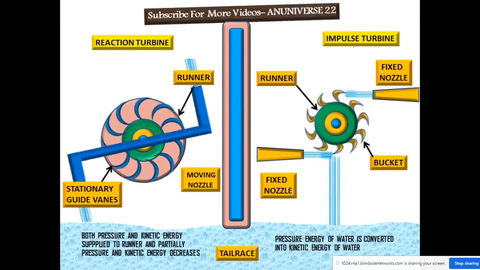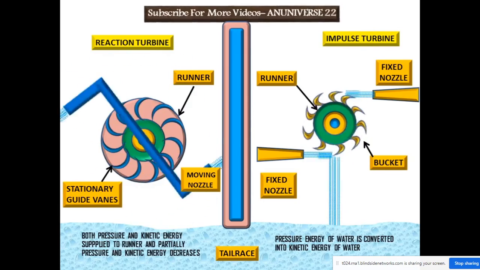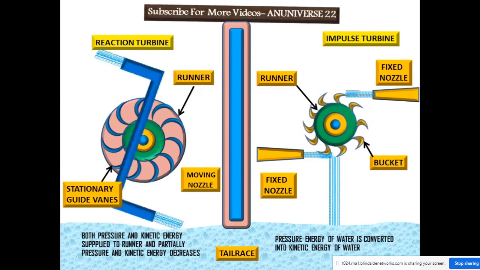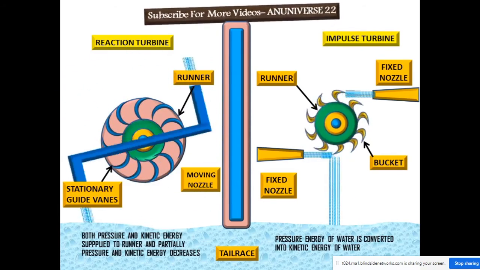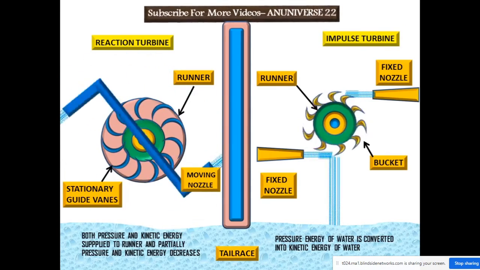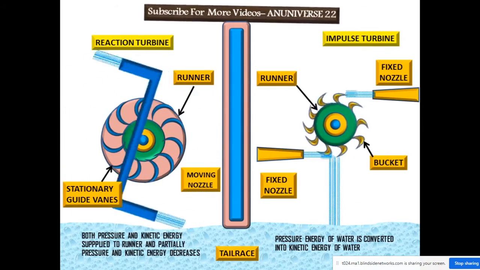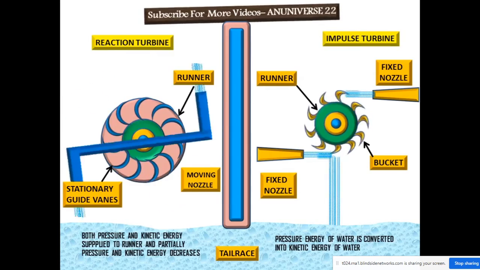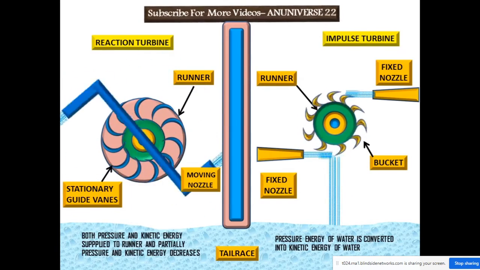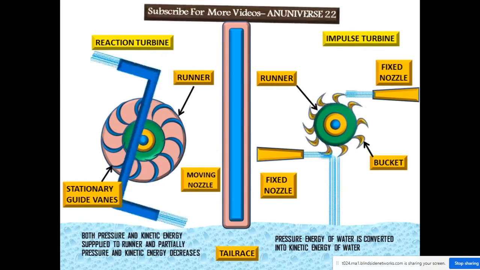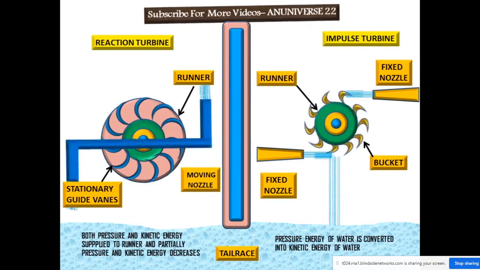But there is no need of any type of draft tube in case of impulse turbine, because it is working at atmospheric pressure. But in case of reaction turbine, there is a variation of the pressure, so to maintain the effective head, there is a need to use a tube, that is the draft tube.